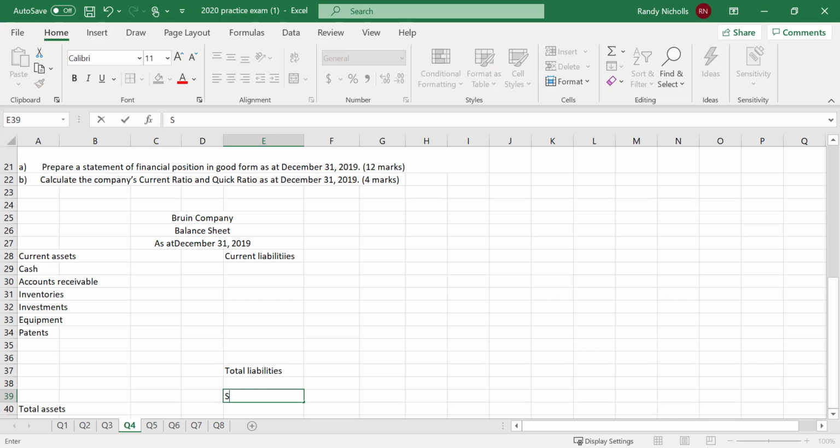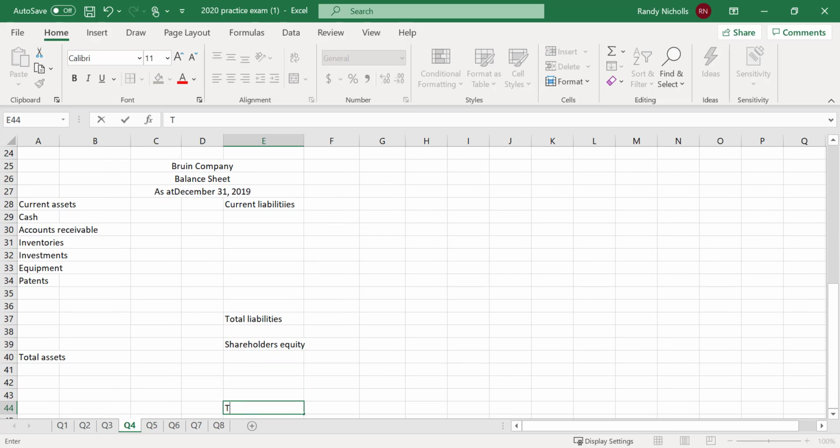Need some shareholders' equity. And somewhere down at the bottom here, I need to get to total liabilities and shareholders' equity.